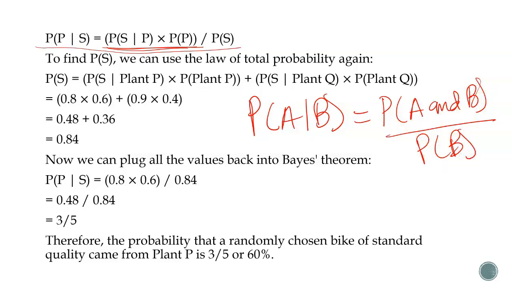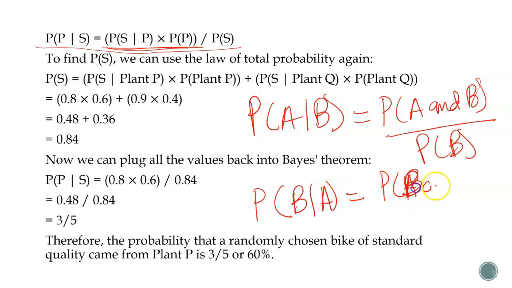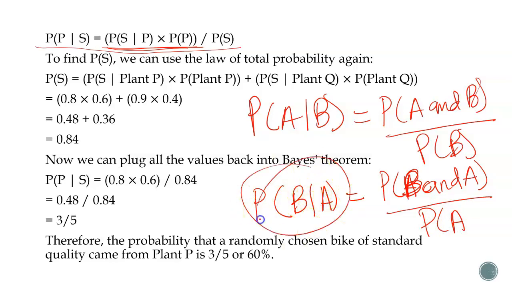So what if I have the probability of B given A? In the same way, it is the probability of B and A over the probability of A. Based on this, we can easily find the opposite of this.